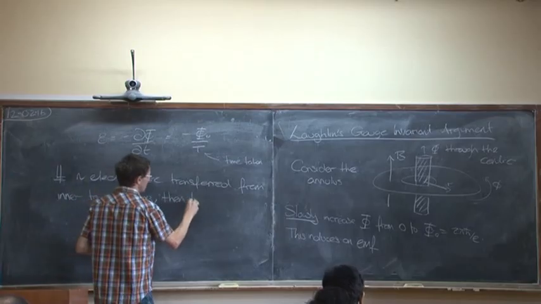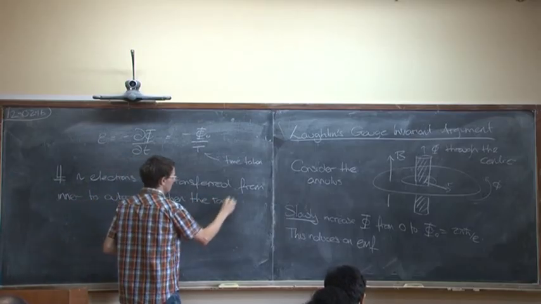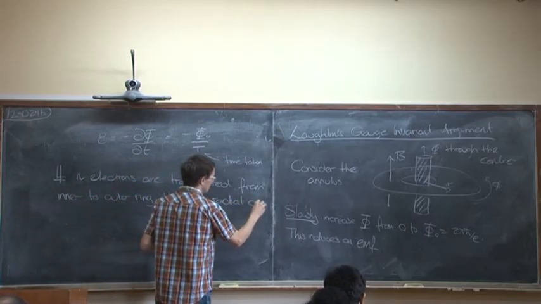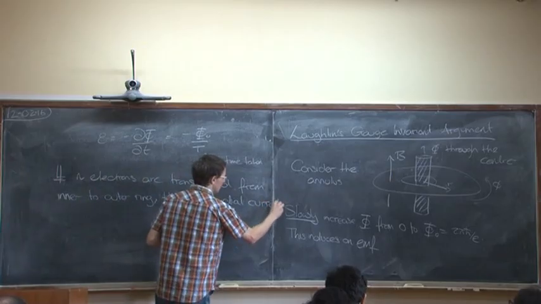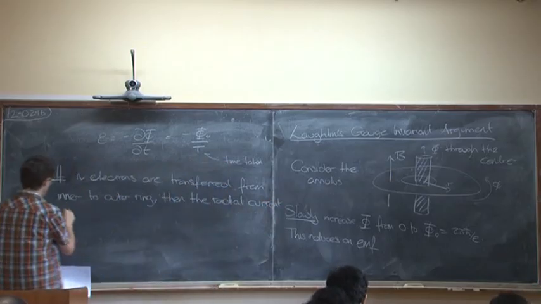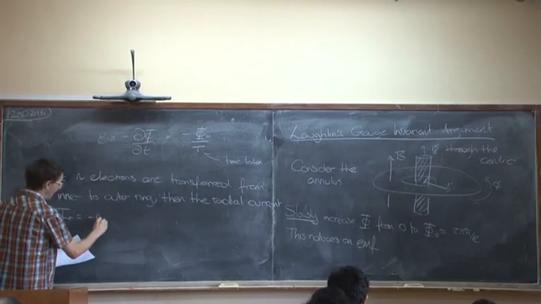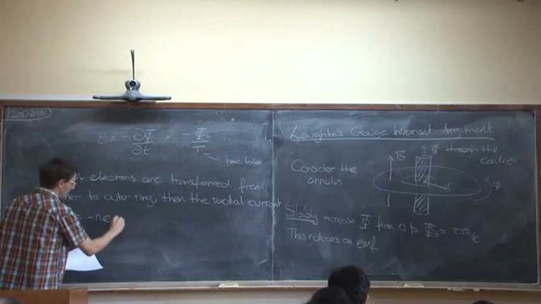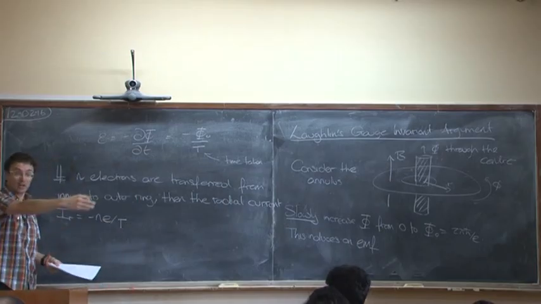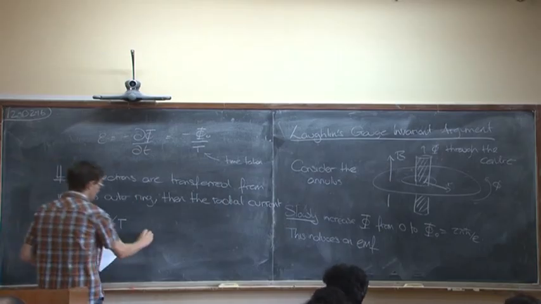then the radial current is I in the radial direction, I_r, minus n, the number of electrons transferred, times the charge of the electron, divided by the time it took them to get there.